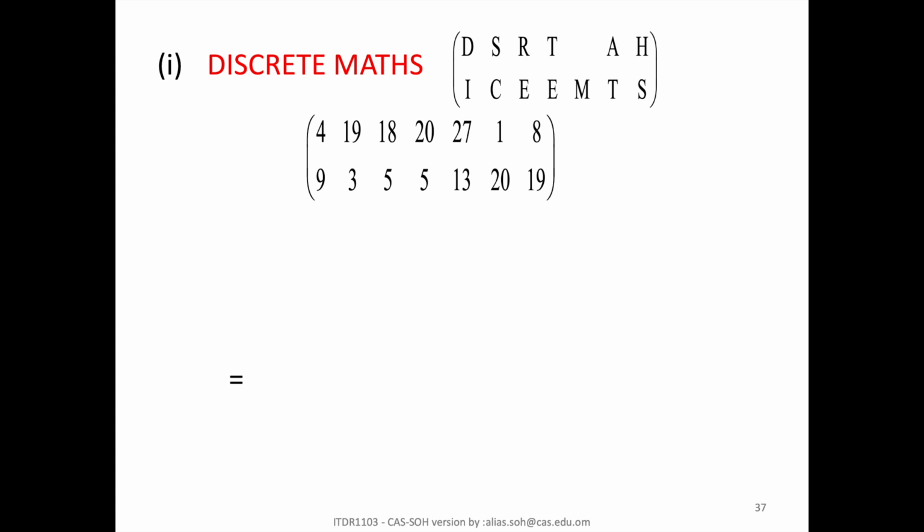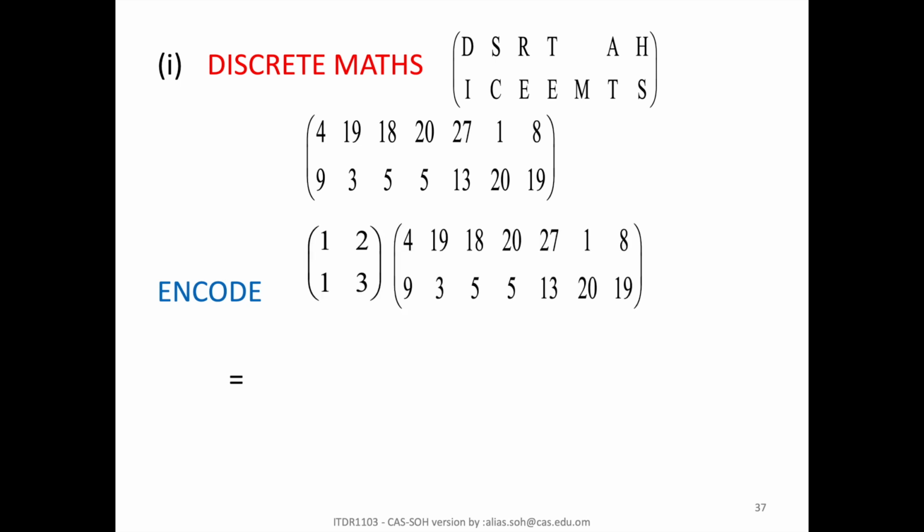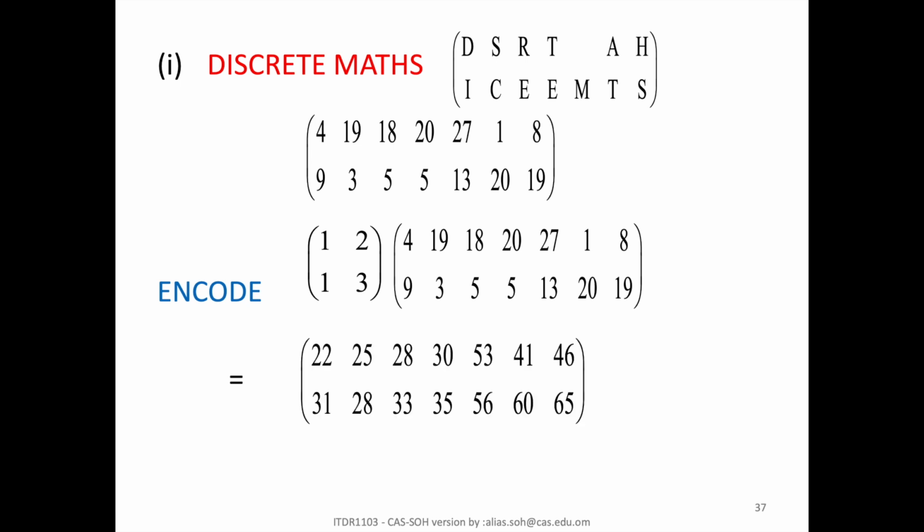Recall the values of the letters and put them in a matrix, and for space we use 27. In order to encode, we just multiply the resulting matrix by the matrix key, then we got the encoded message.